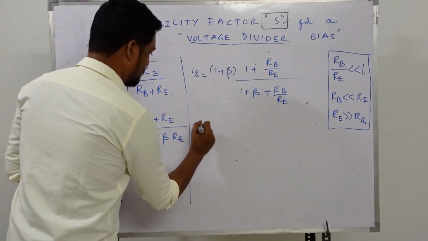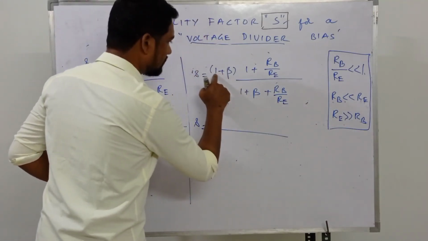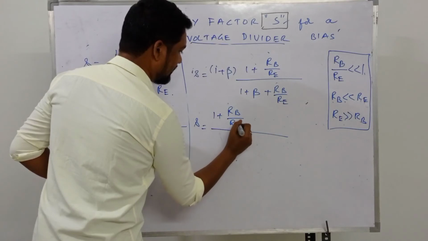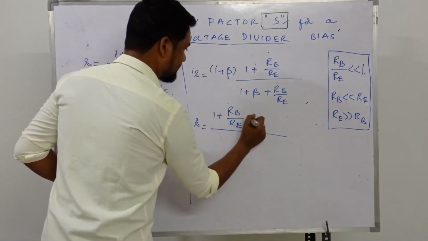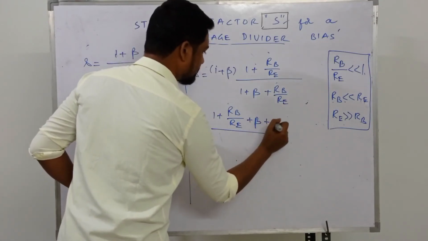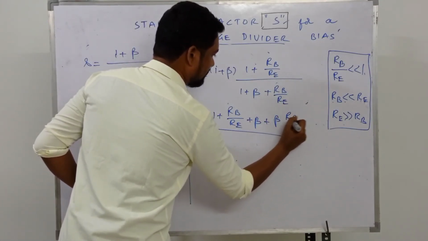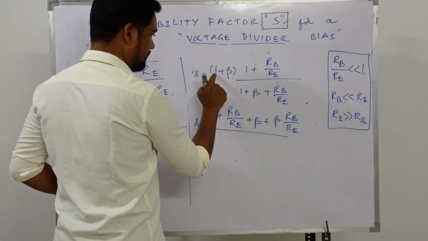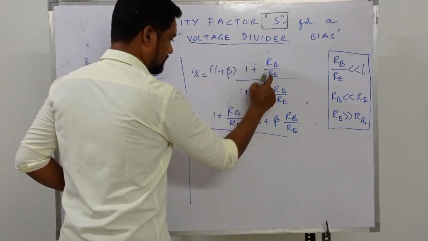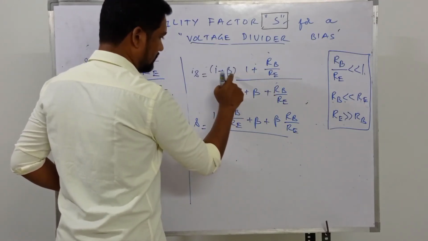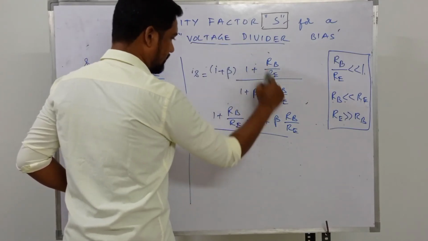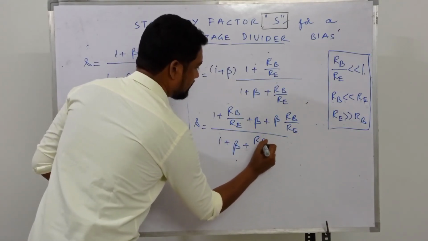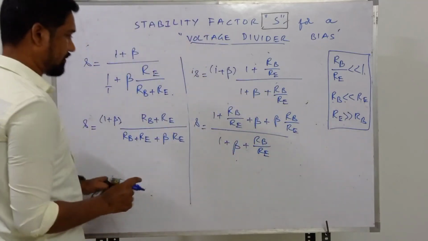So guys, a small simplification: S is equal to 1 plus RB by RE as it is for this one, plus beta RB by RE. Why? Because this into this plus this into this gives us beta into this, beta plus beta into this one, right? And 1 plus beta plus RB by RE from the previous one.